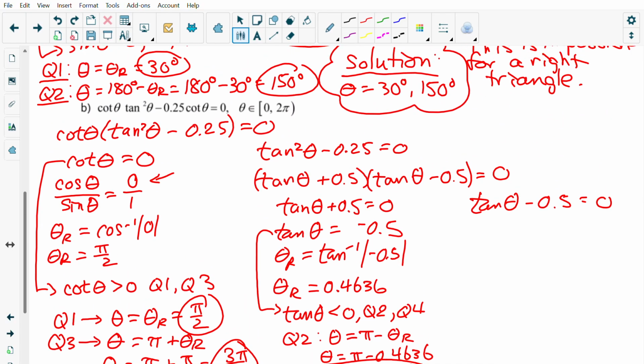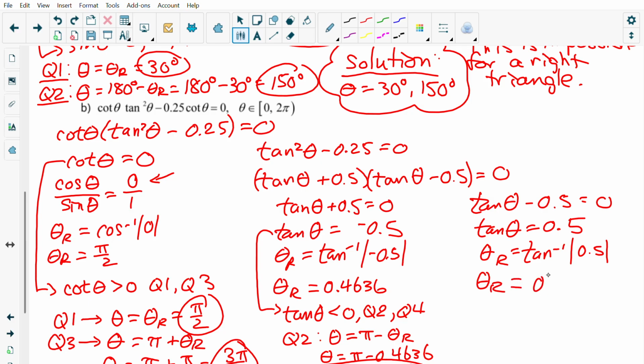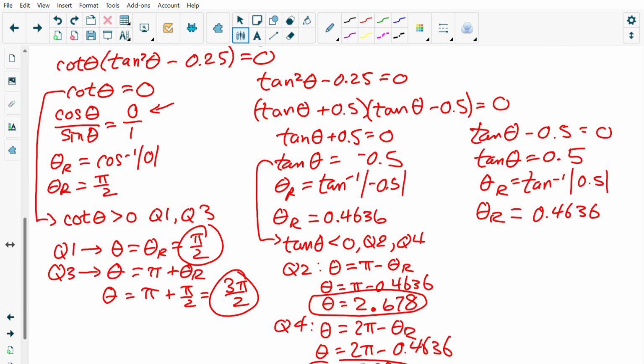Let's go to the other factor. Tangent of theta minus 0.5 equals 0. Let's solve for tangent of theta equals 0.5. The reference angle is the same as the other one, but I'll do it nonetheless. The absolute value is 0.5, so the reference angle equals the inverse tangent of the absolute value of 0.5, and the reference angle I get is 0.4636.